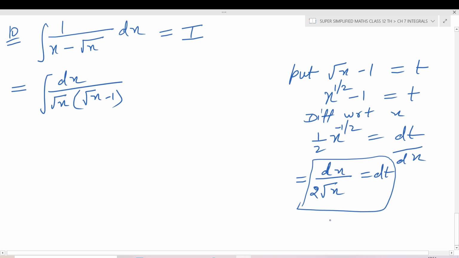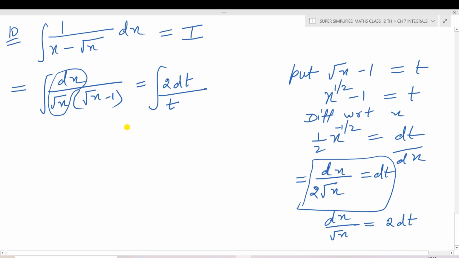So now I can also write that dx upon root x can be written as 2 dt. So that means here I have to make the substitution dx upon root x. This dx upon root x becomes 2 dt, and root x minus 1 is t. So upon t.